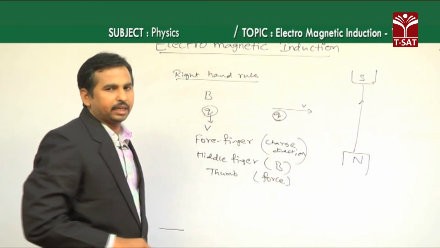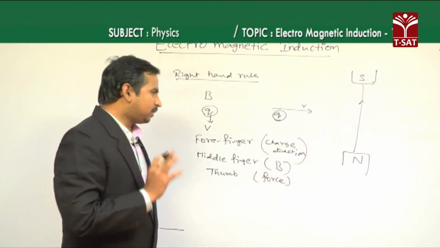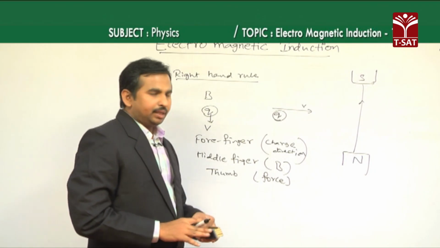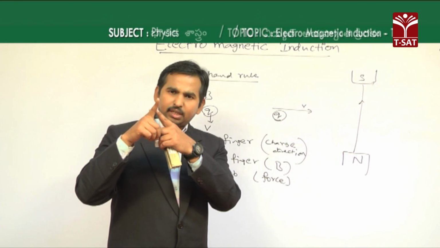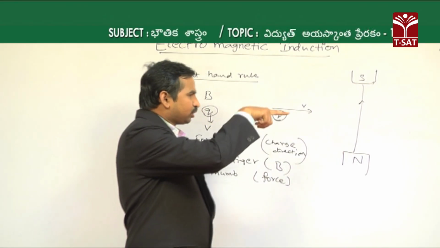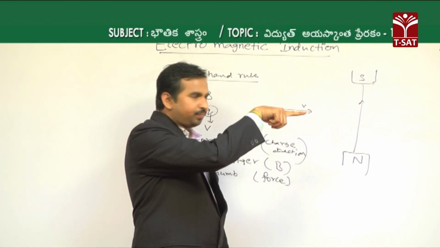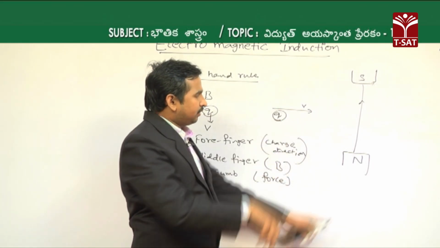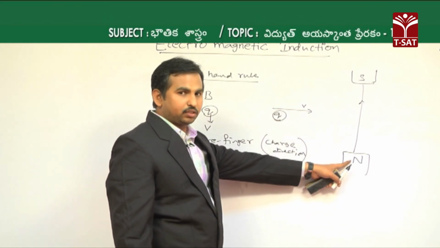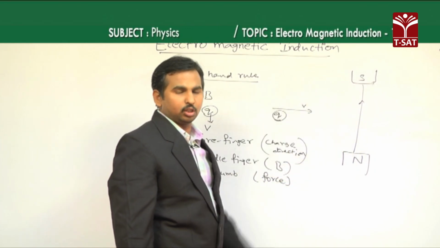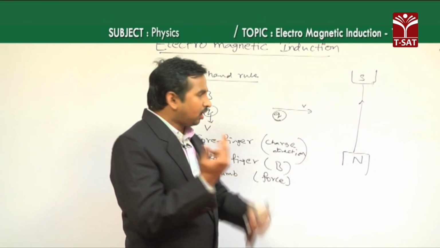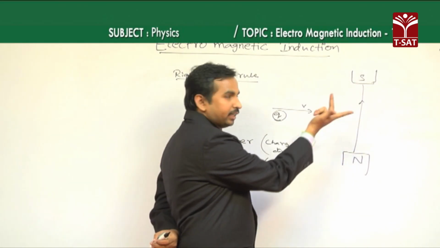Thumb gives you the direction of force here, which means that, for example, if the charge is coming inside like this, then you have to take the forefinger in the direction of charge like this. The direction of magnetic field strength is upwards here, going from north pole to south pole, so you have to take the middle finger in the upward direction like this.